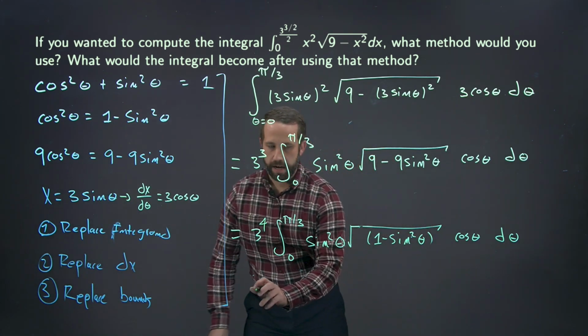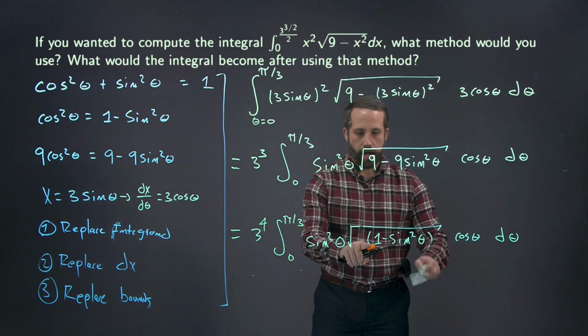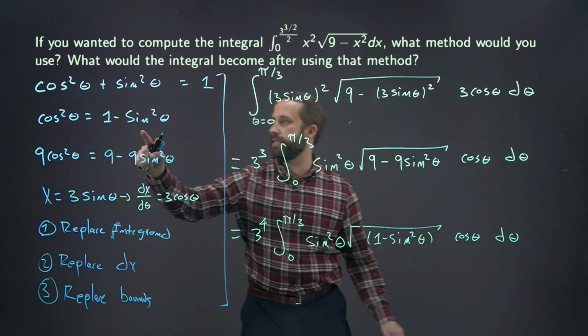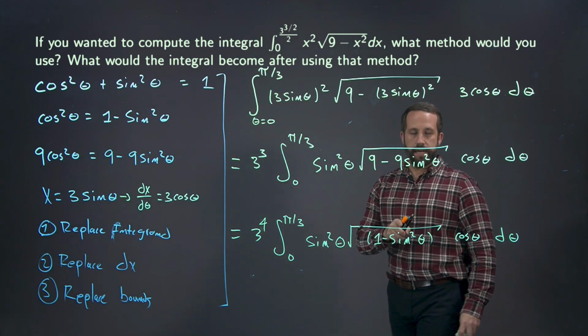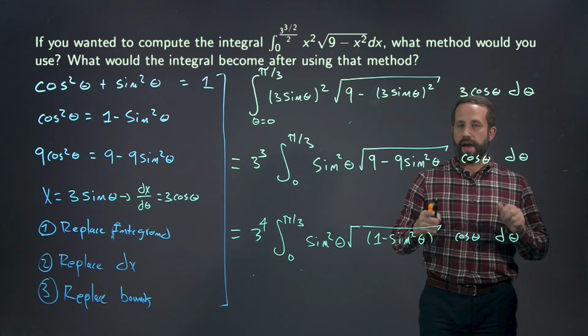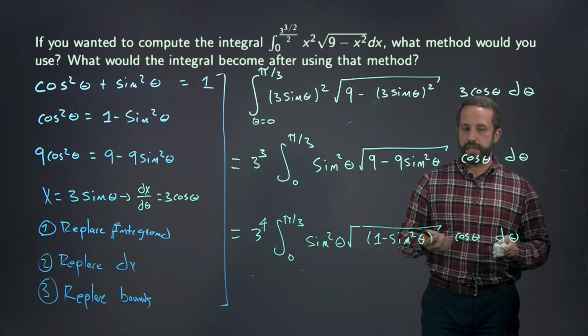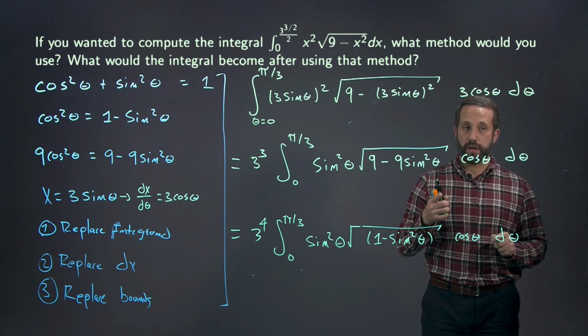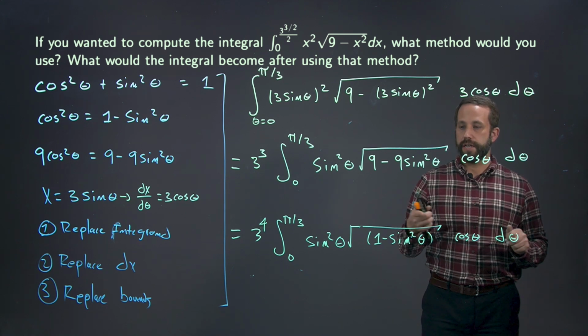Now finally, I don't have enough room to rewrite everything. 1 minus sine squared is cosine squared, and we're taking the square root. Typically the square root of x squared is the absolute value of x, but for these values of theta, if theta goes from minus pi over 2 to pi over 2, cosine is positive.